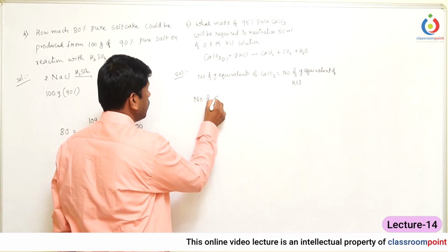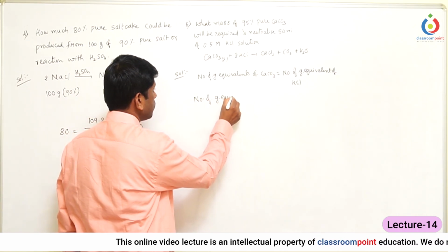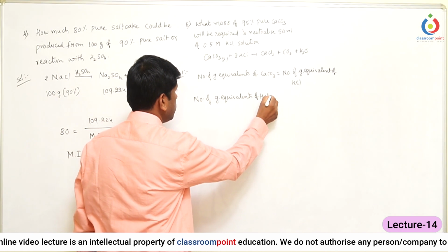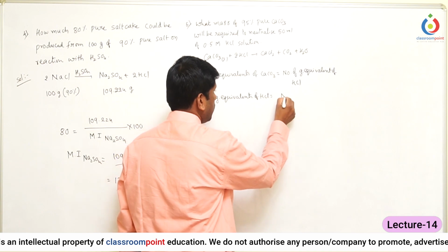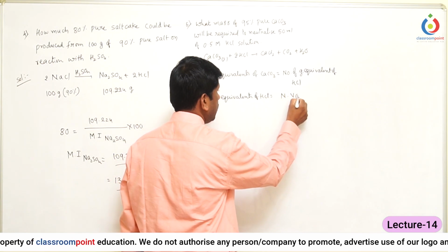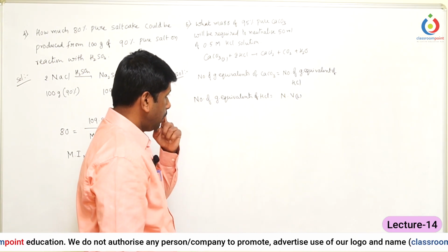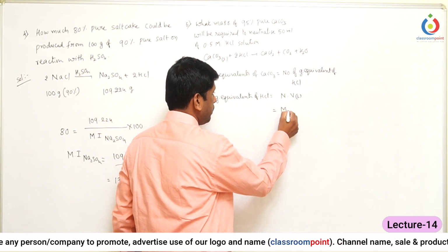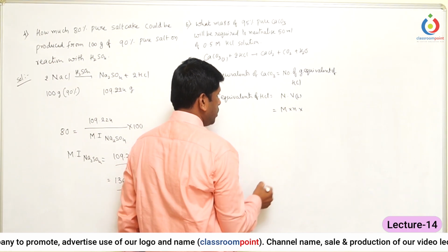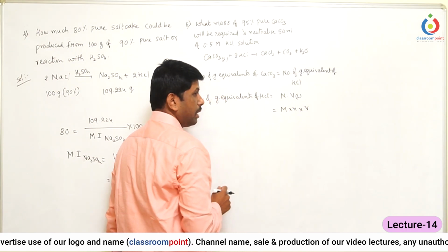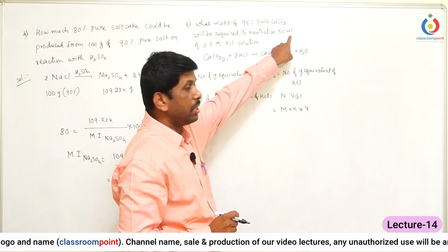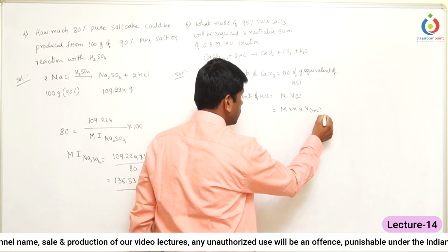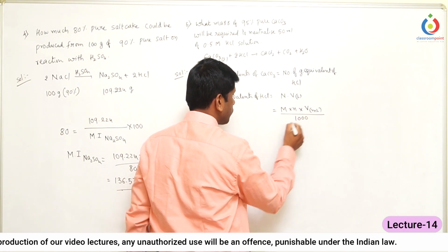Number of gram equivalents of HCl equals normality into volume in liters. But here molarity is given, and we know that normality means molarity into basicity of the acid. Volume is given in milliliters, so we take volume in milliliters divided by 1000.